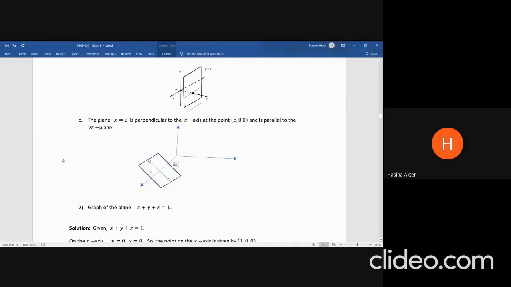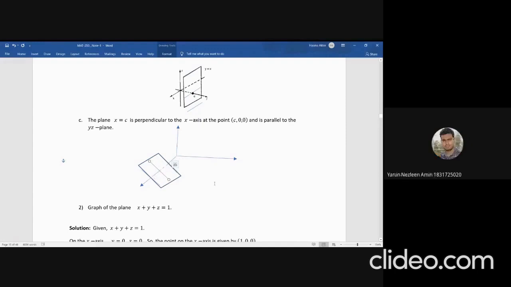If you want to mean that this portion goes under the xy plane, beyond the xy plane, then this portion should be dotted, and this one also dotted. You don't see this portion. This is above the plane, so you are cutting it. Do you see that you are cutting it this way? So this portion is visible and the other portion is not visible. It goes beyond the xy plane.